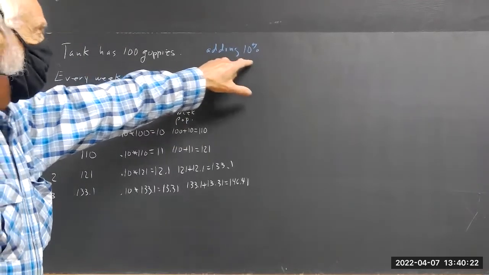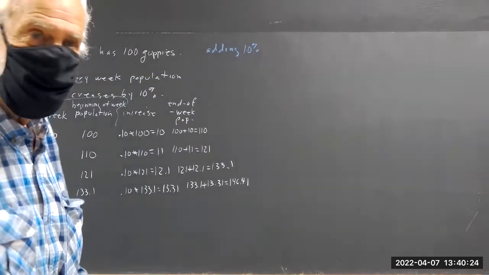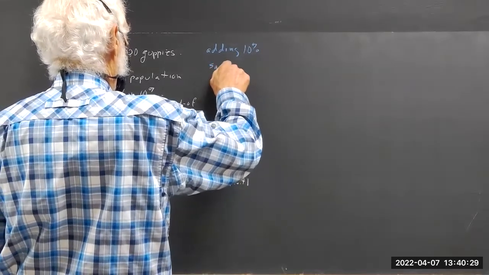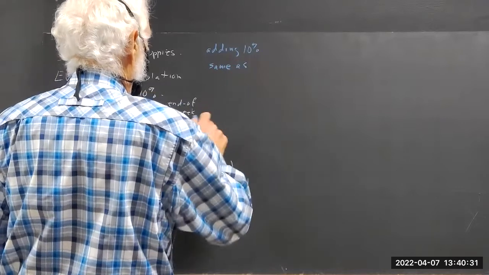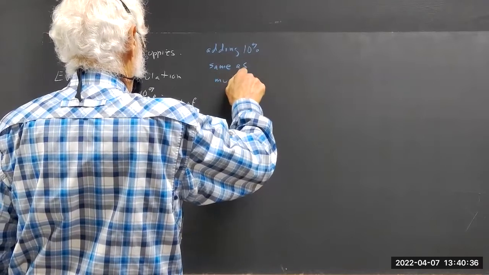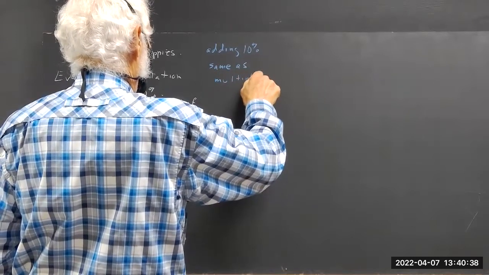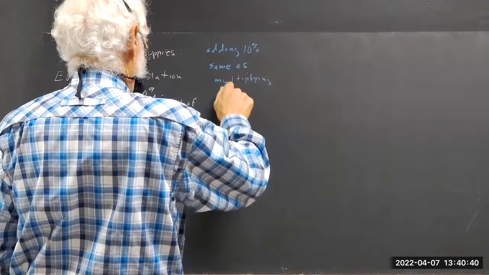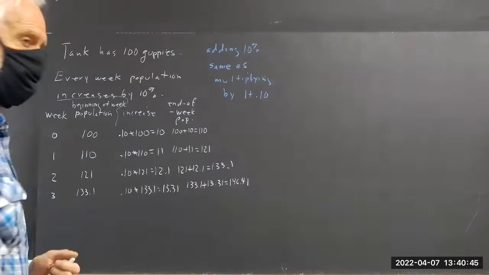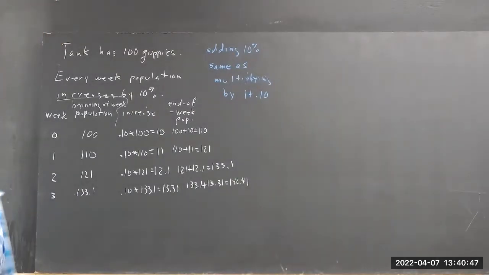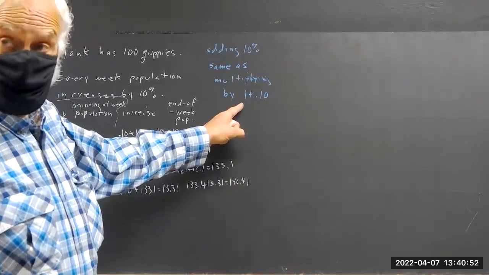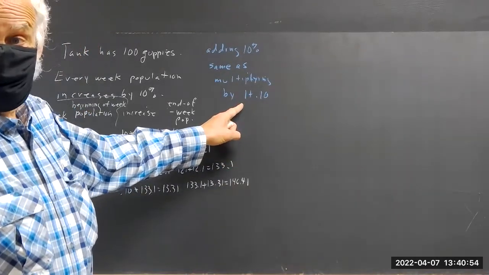Good music. Adding 10%, at least I like it. Adding 10% back to this is the same as multiplying by 1 plus 0.10. Because if you multiply 100 by 1 plus 0.10, you multiply 100 by 1 and it gives you 100, right?